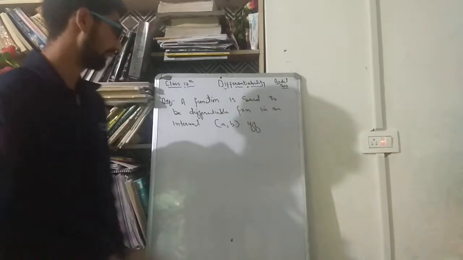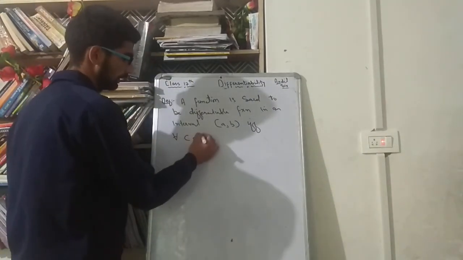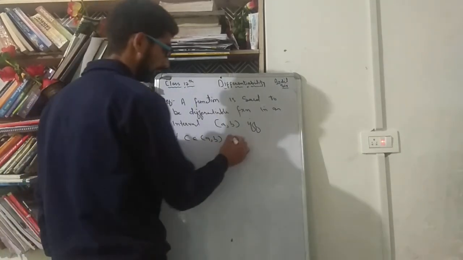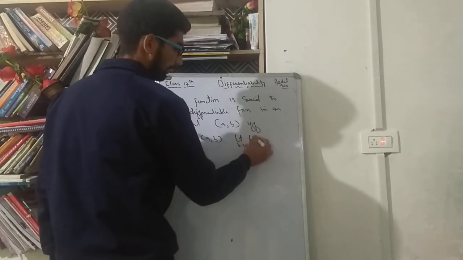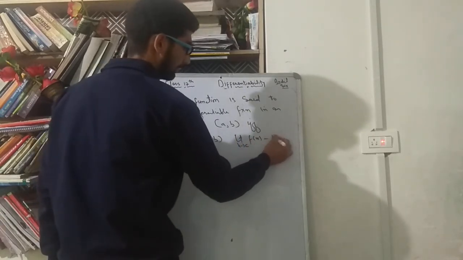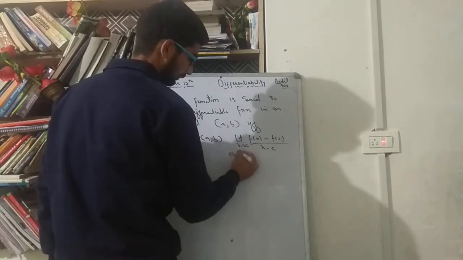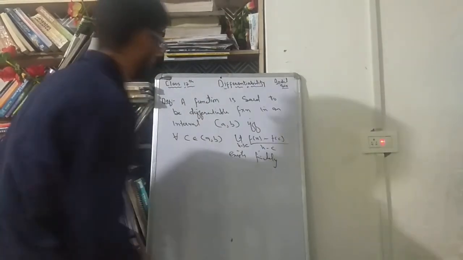So I can write: if and only if for all c belongs to (a, b), where c is arbitrary, the limit as x tends to c of (f(x) minus f(c)) divided by (x minus c) exists finitely. So this is another definition.